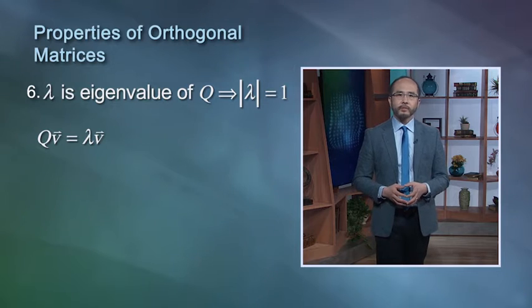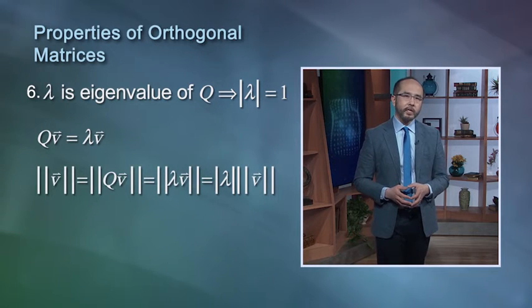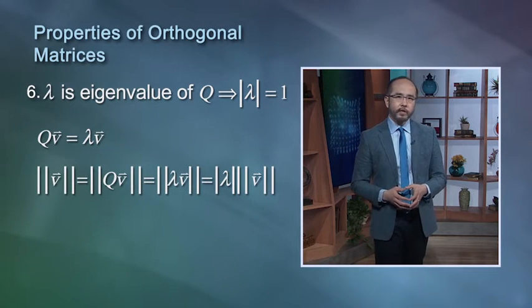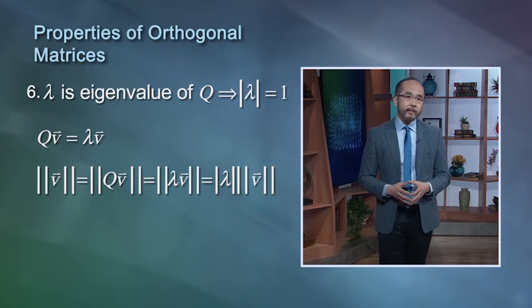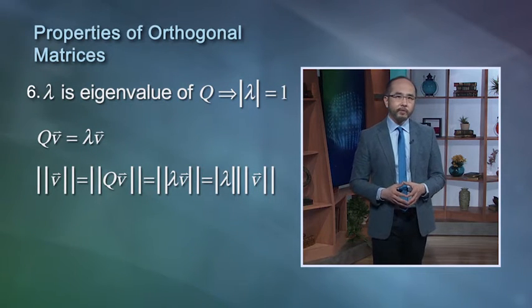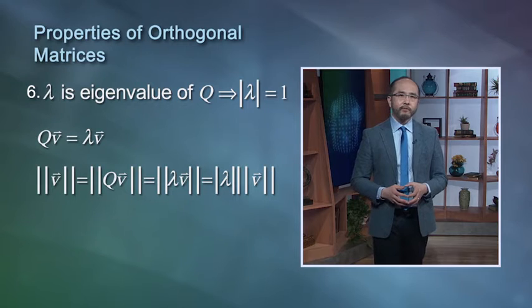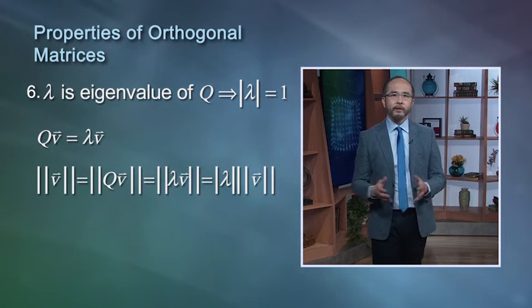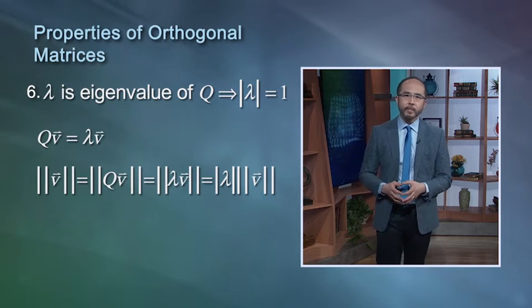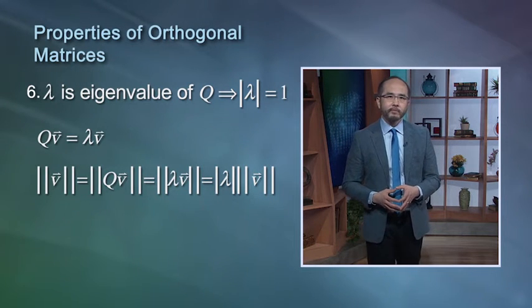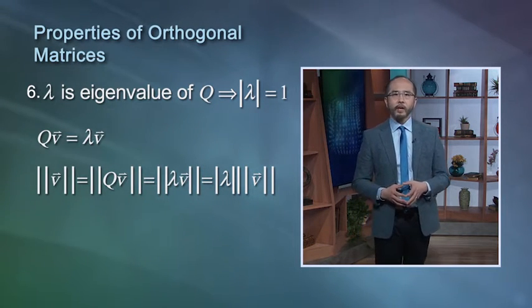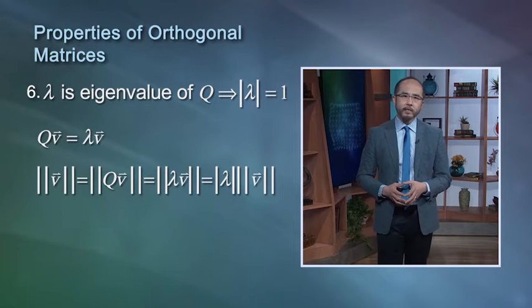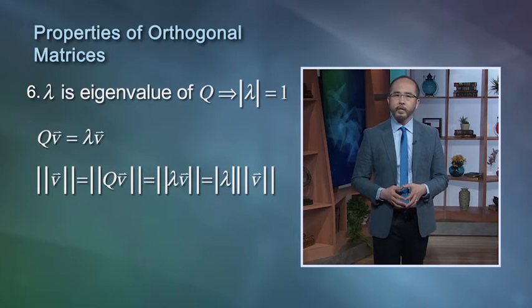Taking lengths, we see that the length of v equals the length of Qv by property 2, and that is the length of lambda v, which is the length of lambda times the length of v. And taken together, this means the length of lambda must be 1. So the eigenvalues of an orthogonal matrix must lie on the unit circle in the complex plane.